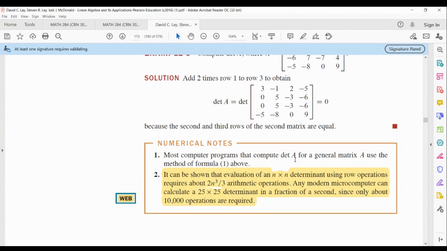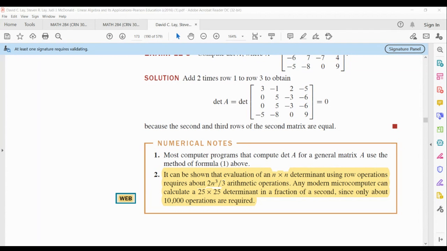Any modern microcomputer can calculate a 25 by 25 determinant in a fraction of a second. Not 500,000 years, a fraction of a second, using row operations. How many think that's absolutely fascinating? Yeah, Benjamin likes it. Abby, Ariana, Catherine, Hung, Naima, Olivia, absolutely.